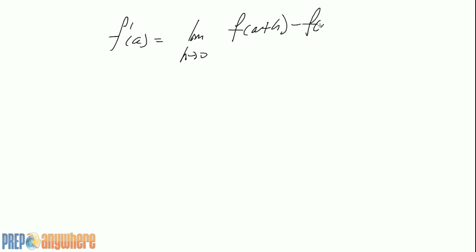So last class we defined the derivative at a to be this: f(a + h) minus f(a), all over h. Now today we like to think of it more as we want the derivative function, meaning it's a variable that you put into the derivative function.